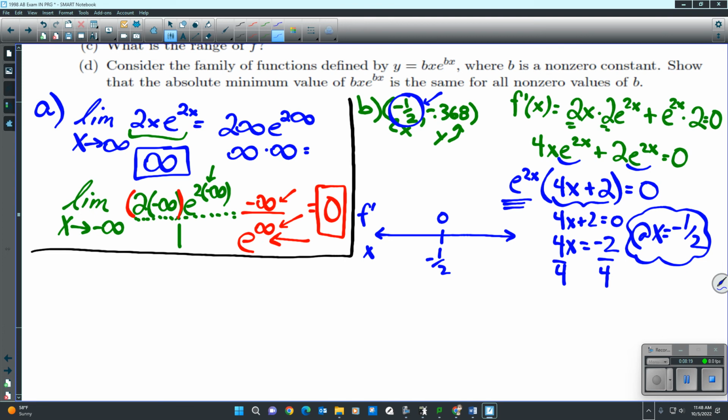I'm going to pick a number on both sides. Remember, if that's a minimum, I want it to have a negative derivative or slope to a positive derivative or slope.